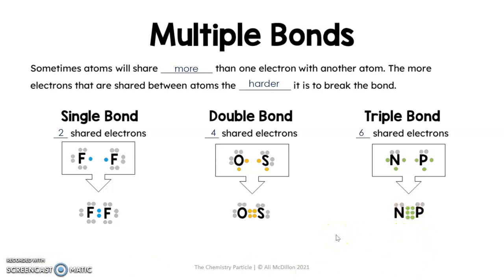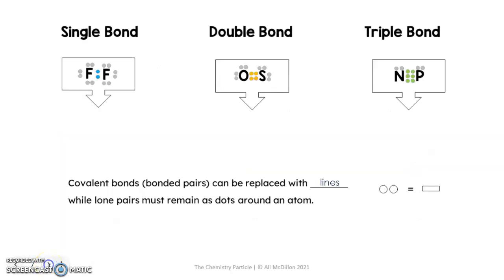One bond is 2 electrons, so it makes sense that a single bond would be 2, a double bond would be 4, and a triple bond would be 6. And of course, that triple bond is going to be a lot harder to break than that single bond.